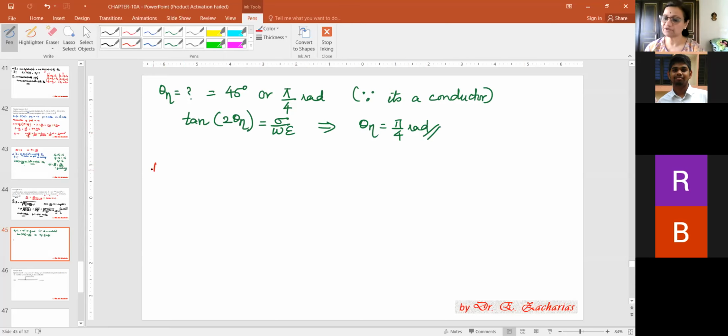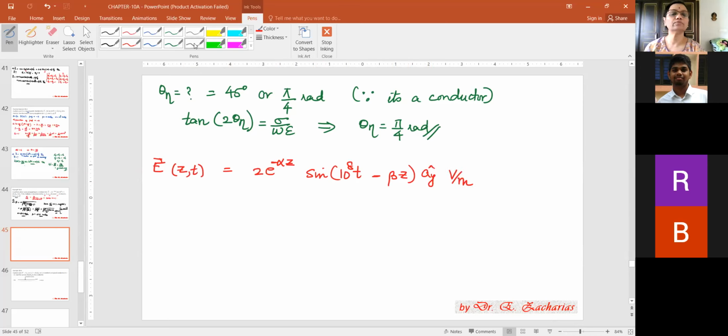Okay, before writing the expression for H, I will write the expression for electric field so that you have a comparison. E is a function of Z comma T. That's going to be equal to 2 e to the power of minus alpha Z, and then you have sine of 10 to the power of 8t minus beta Z, along the AY cap direction, volts per meter.